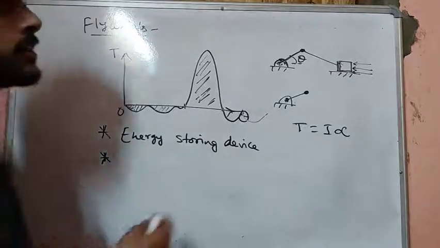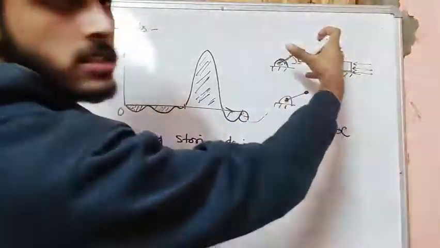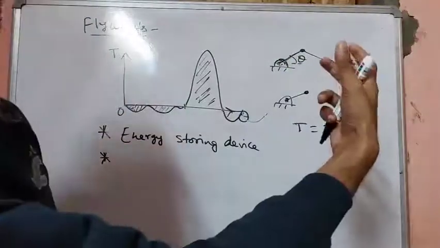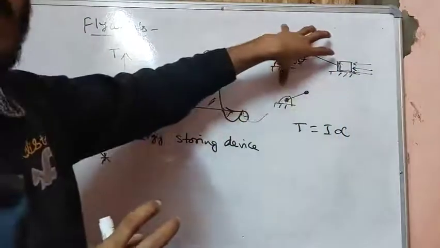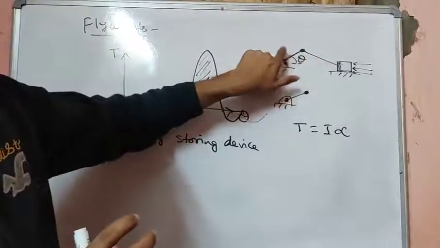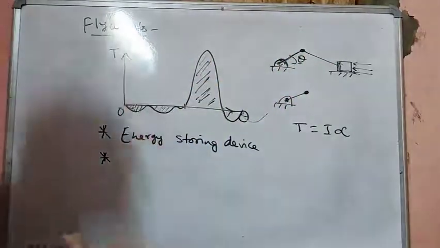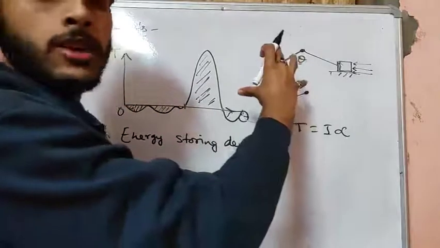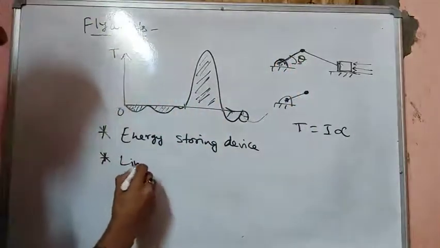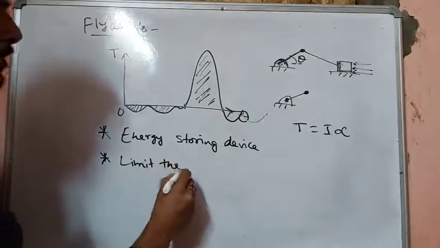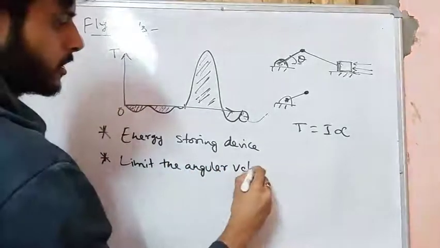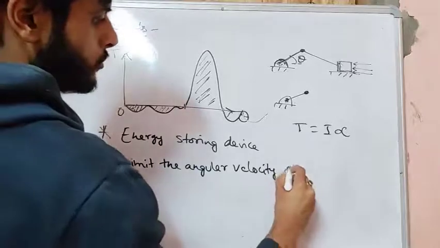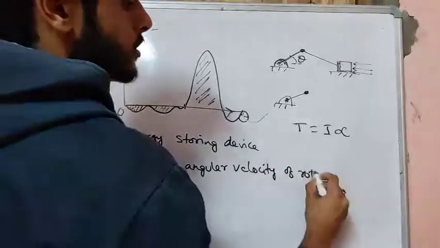When this high amount of energy is supplied, it is transferred to the flywheel, and the flywheel stores this energy and limits the angular velocity of this crank. So the flywheel is a mechanical device which can limit the angular velocity of rotating components.